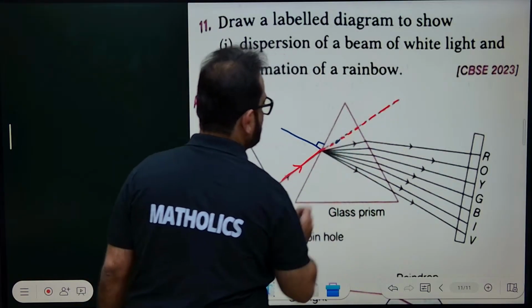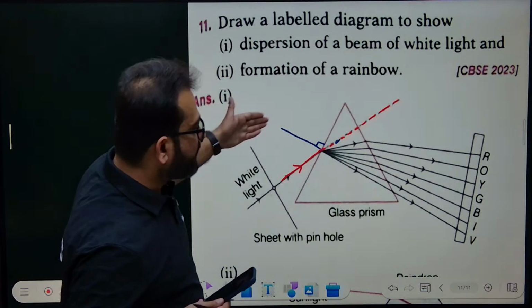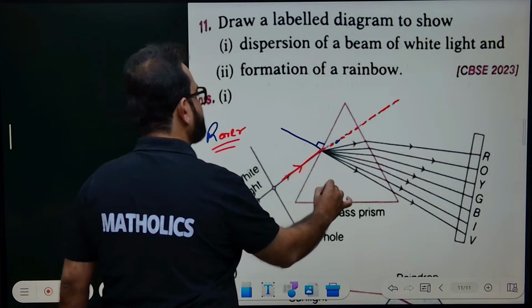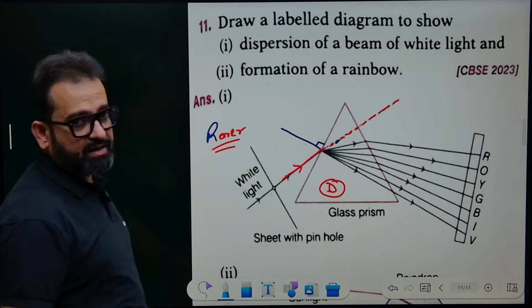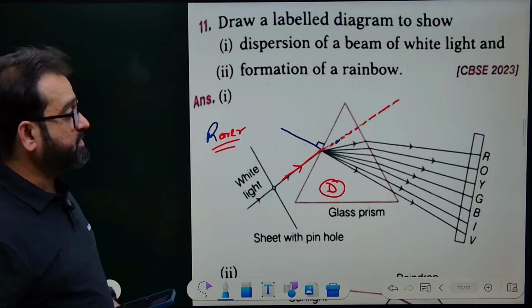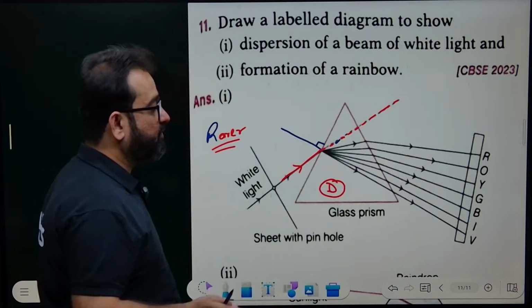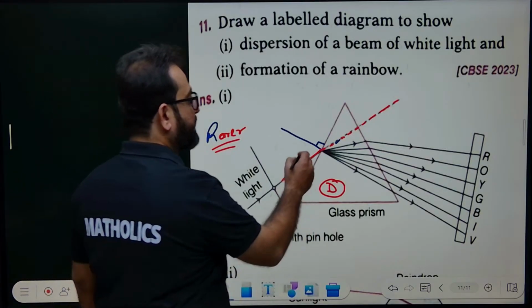This is the direction of the incident ray, obviously from rarer to denser. This is the rarer medium and this is the denser medium, yes or no? And if this is the denser medium, obviously it will move towards the normal. It will slow down; the speed of that ray of light will be slowed down. That's it. So this is the direction.